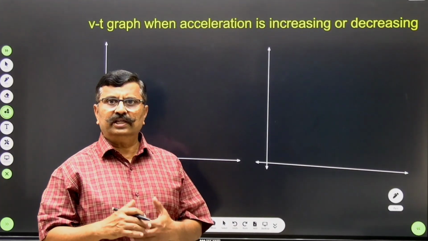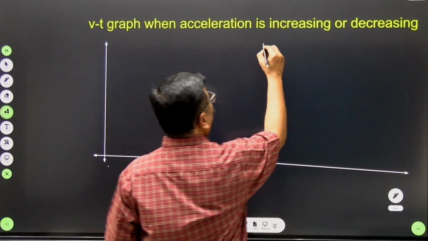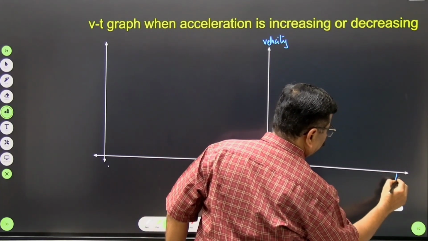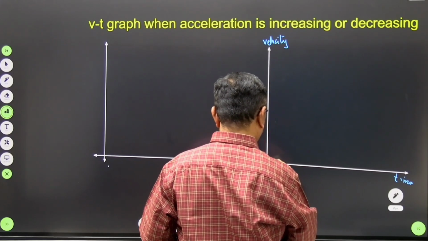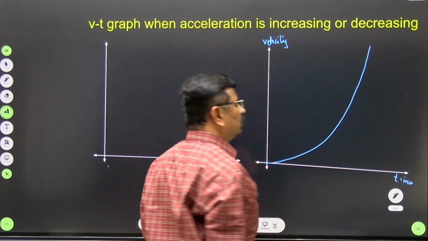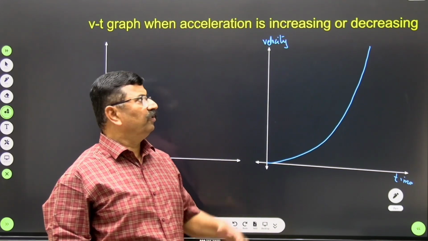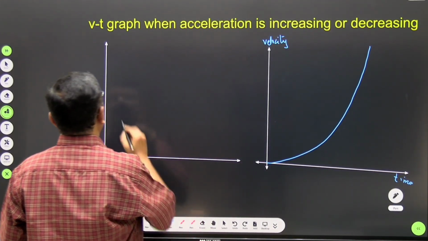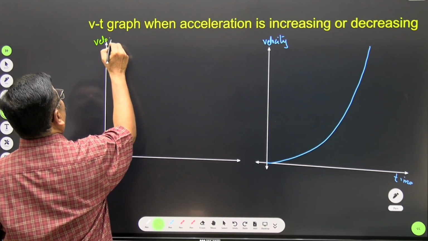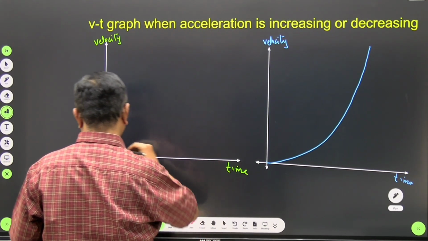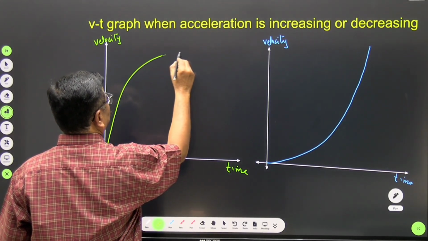When the acceleration of the body is increasing, the velocity time graph will be this way. This is the nature of the velocity time graph when the acceleration of the body is increasing, and the nature of the graph when the acceleration is decreasing can be shown in this manner.